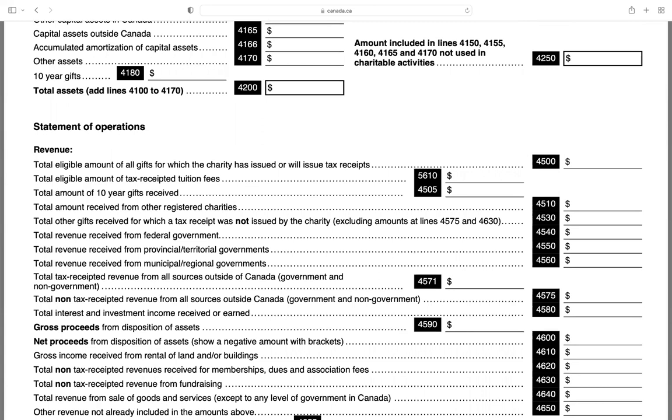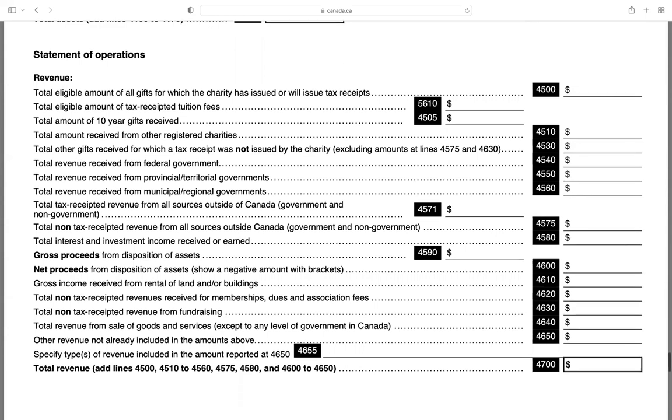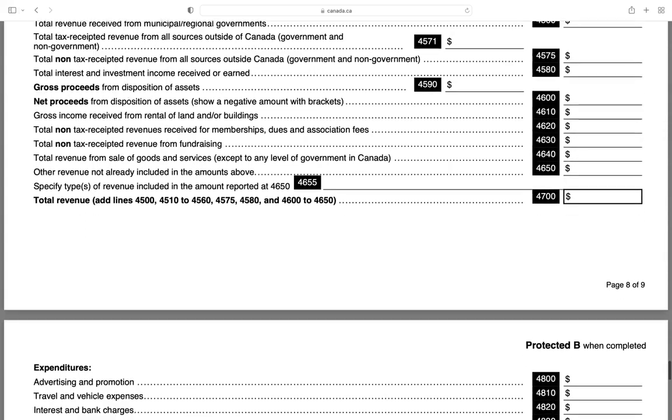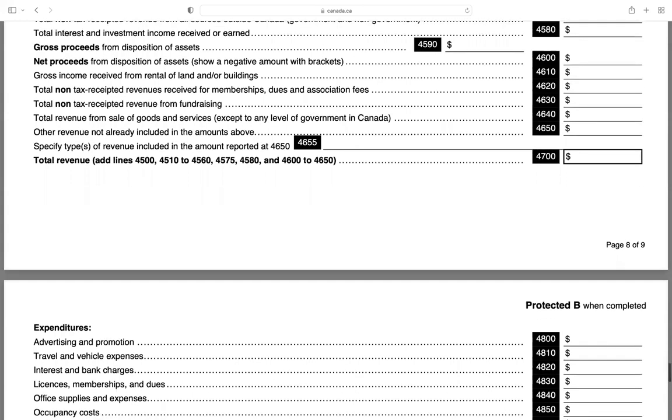The total amount of tax receipts, tuition fees, and total amount of 10-year gifts received, and total amount received from other registered charities, total amount received with a tax receipt that was not issued by the charity, total revenue received from the federal government, total revenue received from the provincial government and from the municipal government, and the gross proceeds from disposition of assets, and the net proceeds from the disposition of the assets, and the total tax receipted revenue received, and total non-tax receipted revenue from fundraising. And this is total revenue.